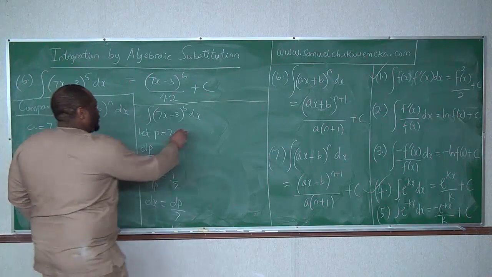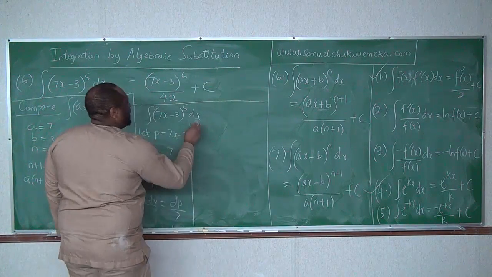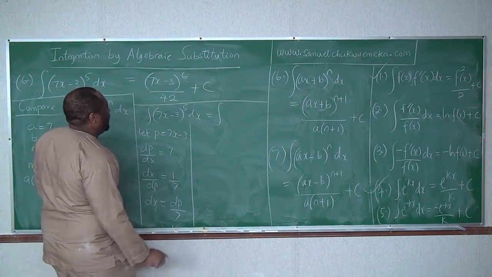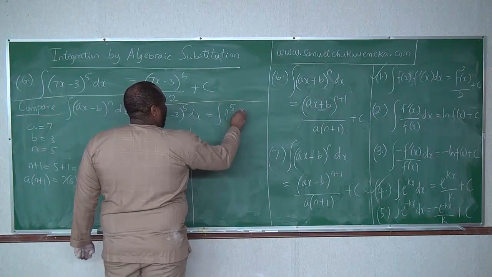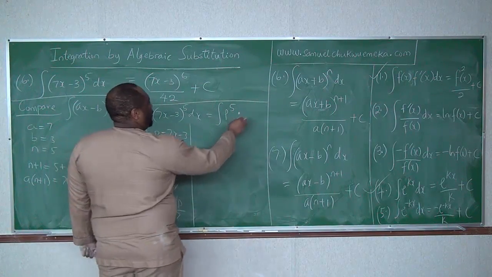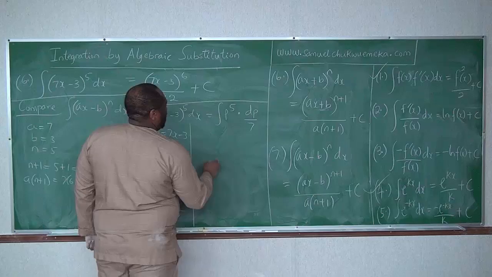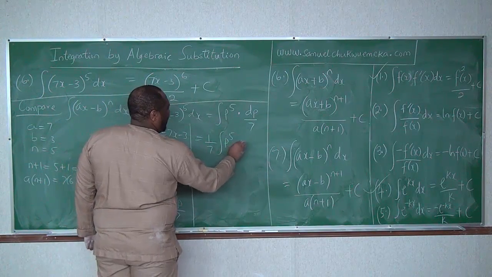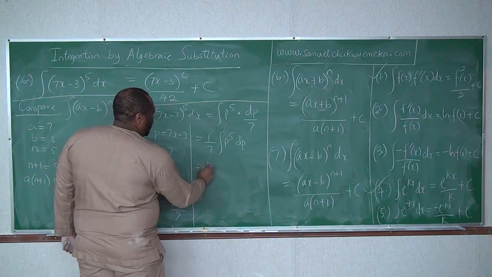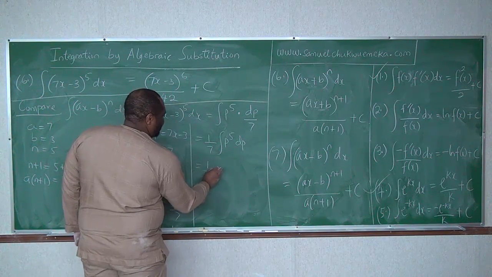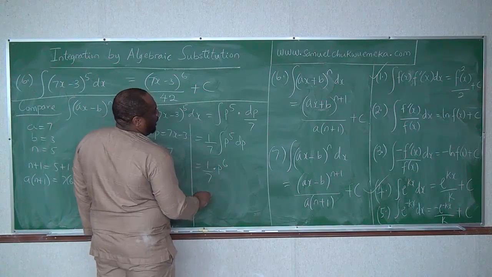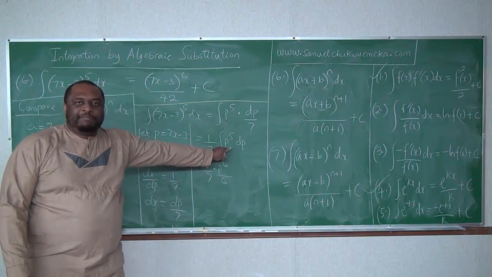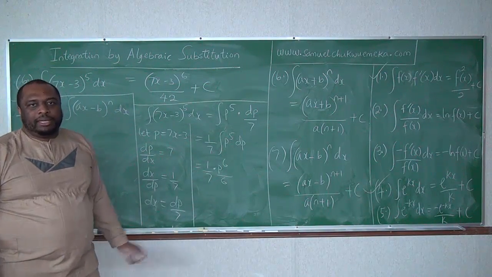Alright. So this will now give us the integral of p to the 5th times dp over 7. So this is 1 over 7 times the integral of p to the 5th dp, which is 1 over 7 times p to the 6th over 6, because this is 5 + 1 over 5 + 1.